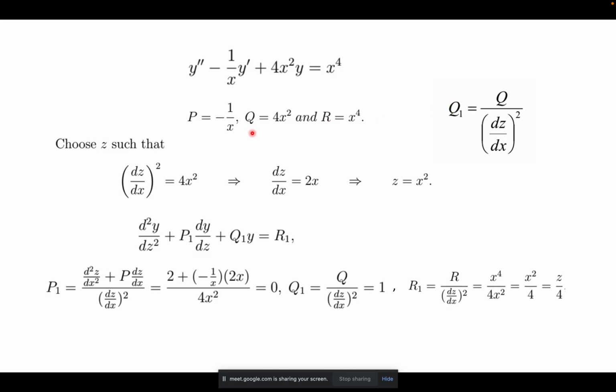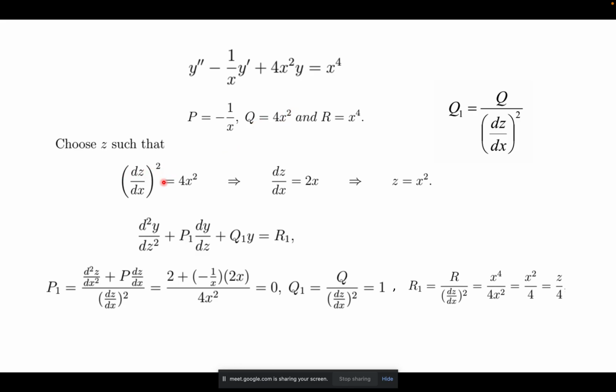If you see here, the value of q is 4x square, right? So q1 is equal to 4x square upon (dz by dx) whole square, right? Here I can choose q1 as any constant, so I choose q1 equal to 1. Then (dz by dx) whole square is equal to 4x square, because the value of q is 4x square.